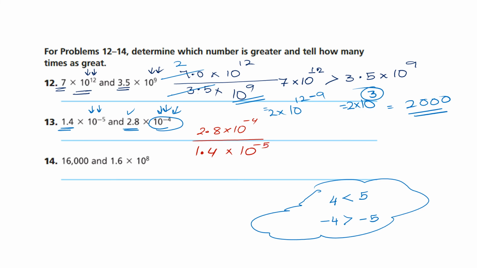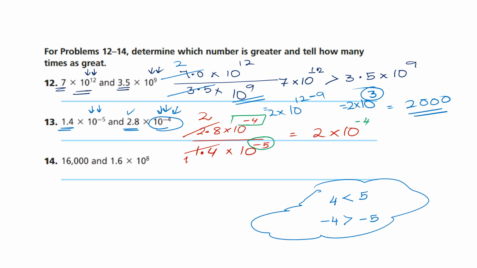Now, as I told you, the times tables are very important because 14 times 1 is 14 and 14 times 2 is 28. So we will get 2. Now, 10 to the power of: the upper one is minus 4, we write it as it is. Then for the below one, we always change the sign.